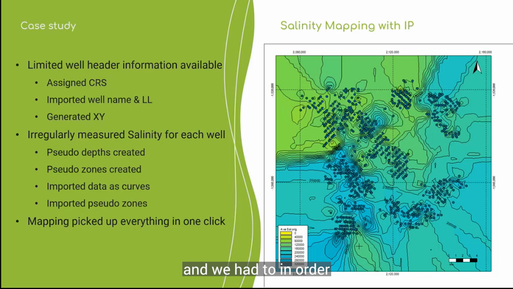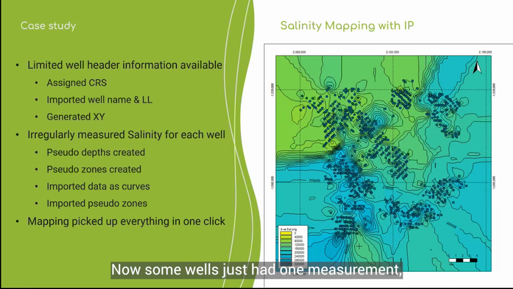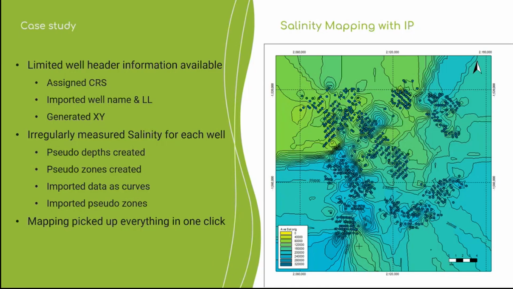In order to use them and work with them, we decided that we would make pseudo depths. So we used the value to be a depth, and we created then a zone that would cover those depths. Now, some wells just had one measurement.